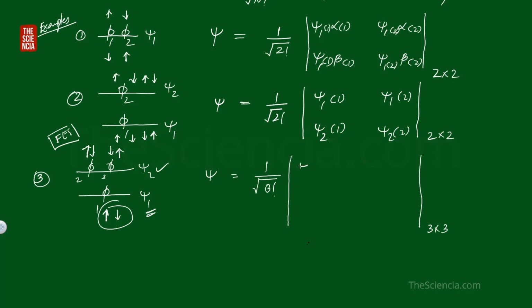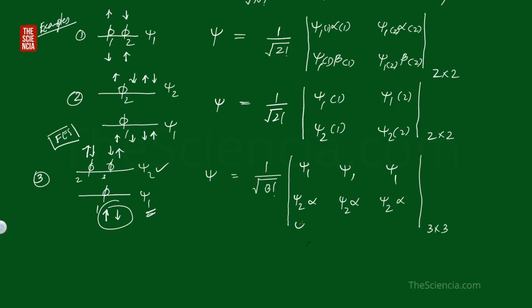That is psi 1. There will be 3 rows, 3 columns, right? And we know in the row all the states will be the same. So I am filling the same states. And in the second row, I am filling the second state, psi 2, and the particle is in upspin.